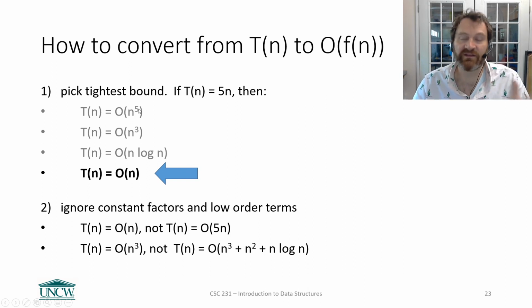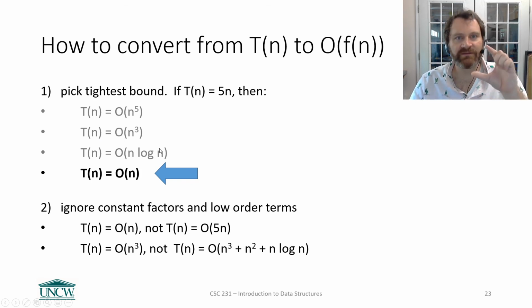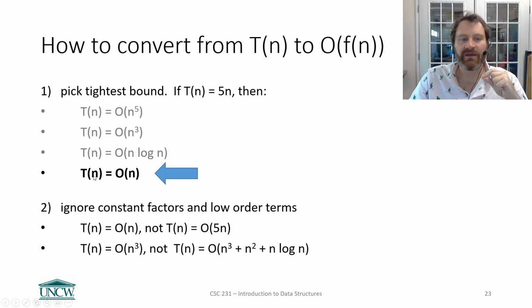That is technically correct. If you plot it out, we say t of n is big O of n cubed, because this 5n is always going to be less than an n cubed line. It's also going to be less than an n log n line. But you pick the tightest bound, the thing that's closest to it. So in this case, you say t of n is big O of n. So that's rule number 1.